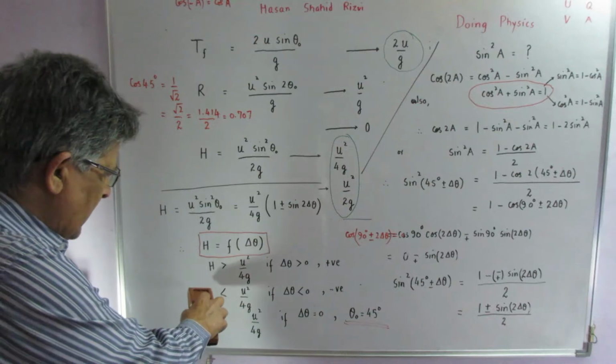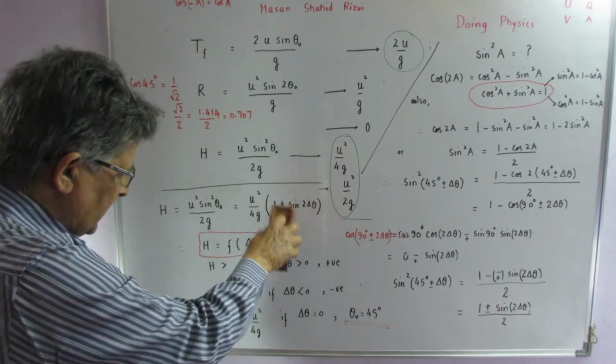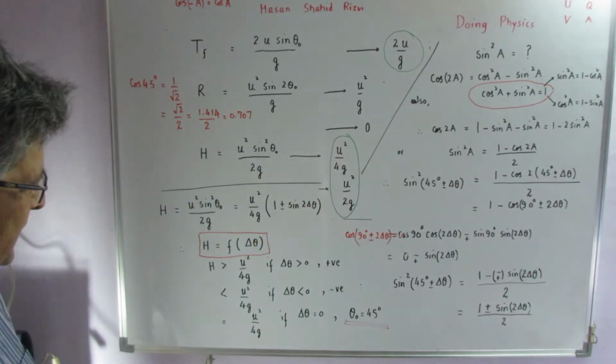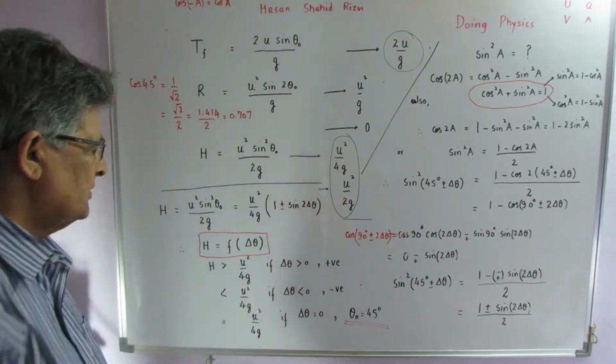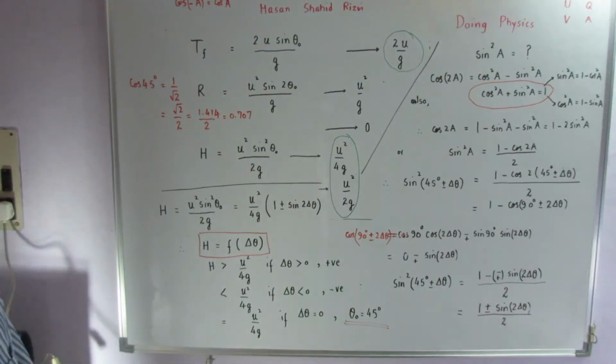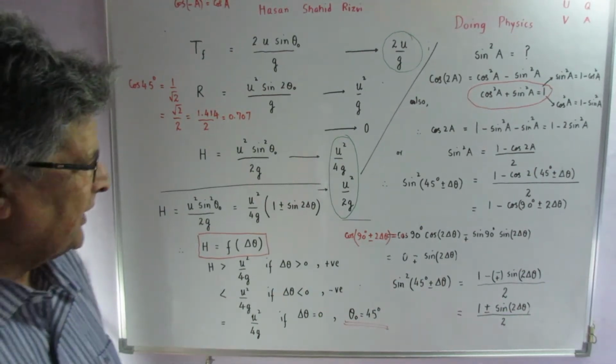And if I have this angle as a negative deviation, less than 45 degrees, then the height that we achieve is like this. And if the angle is 45 degrees, then it goes like this.